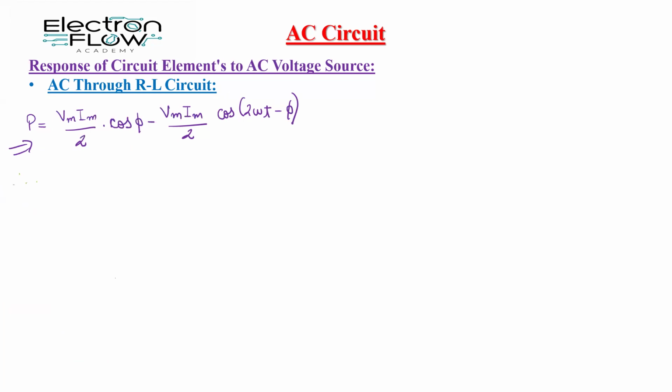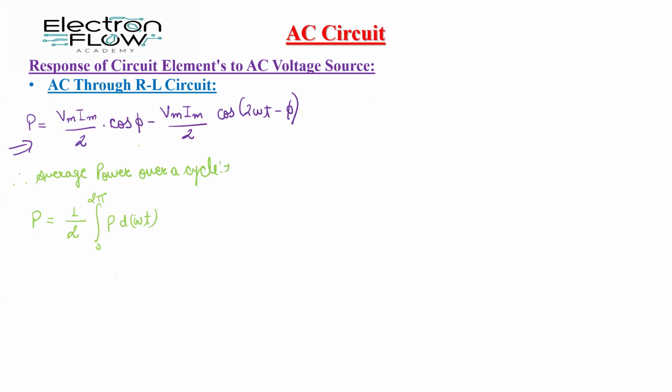The average power over a cycle is given by P equal to 1 upon the periodicity, which is 2 pi, integral from 0 to 2 pi of p d omega t.